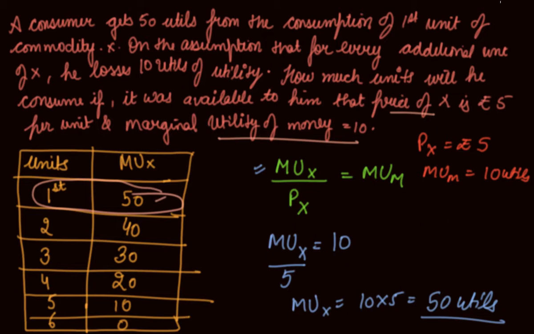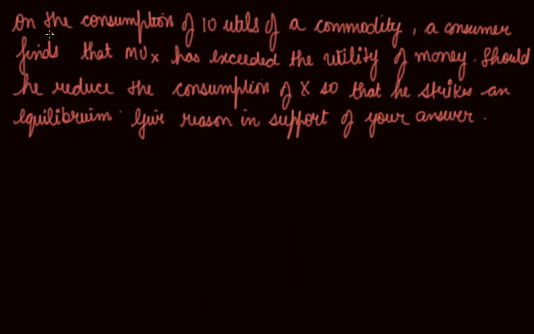Now we will be doing another numerical on consumer equilibrium. Now this is your second question. On the consumption of 10 utils of a commodity, a consumer finds that marginal utility of X has exceeded the utility of money.